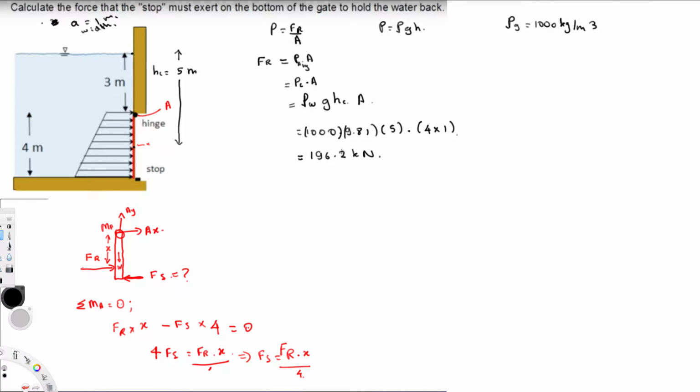However, the force acting here is not going to be at the centroid. That's called the center of pressure, and that's where this force is going to act.